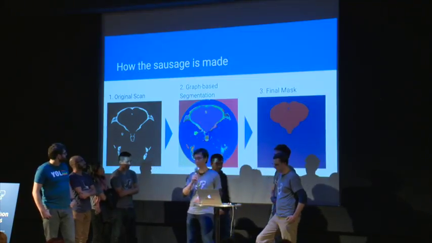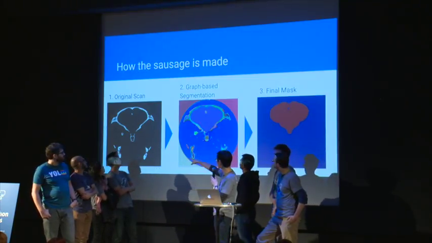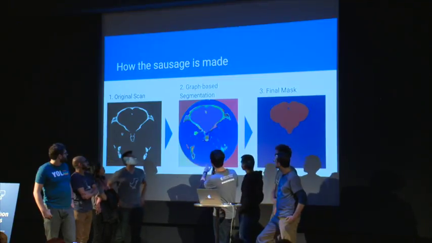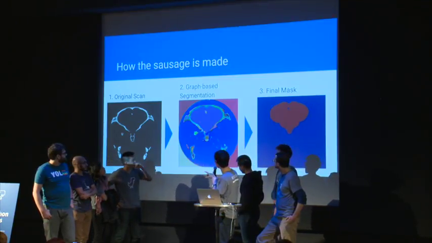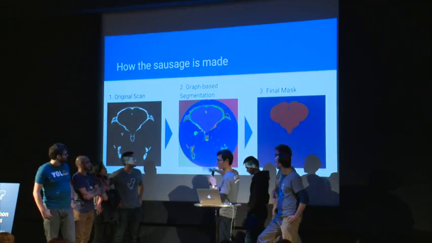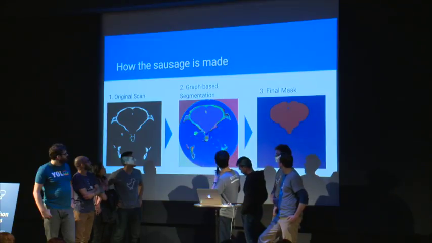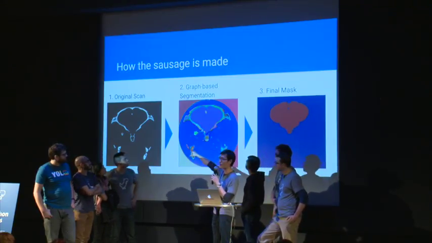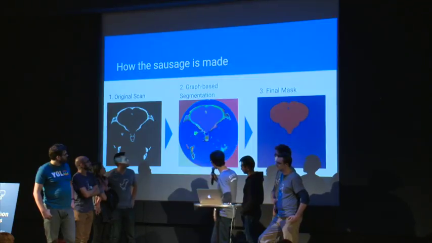Thanks. So you can see here a couple of images. That's the original CT scan, and we ran it through a graph-based segmentation algorithm. Every distinct color here is one segment of the scan that the algorithm thinks is a thing. Our goal is to pinpoint the thing that is actually the brain and not bone, for instance.